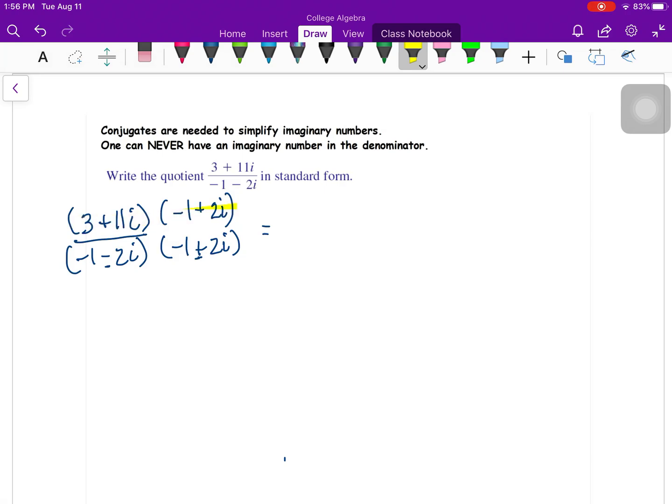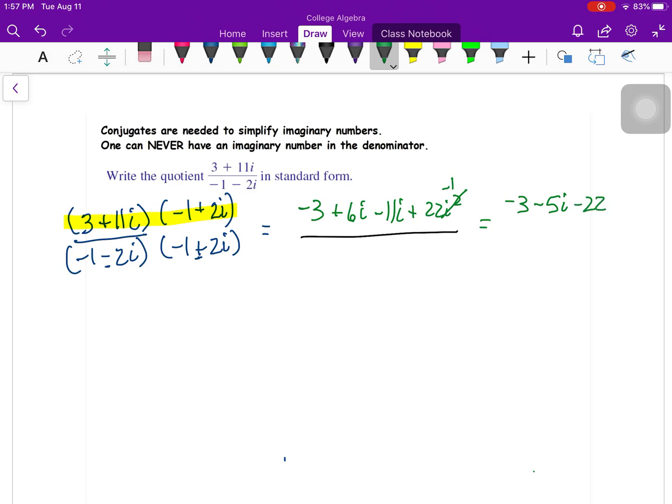So when I do this numerator, I get 3 times negative 1 is negative 3, plus 6i minus 11i plus 22i squared over, I'm going to just keep solving there. i squareds get replaced with a negative 1. So I have negative 3 minus 5i minus 22, which gives me negative 25 minus 5i.